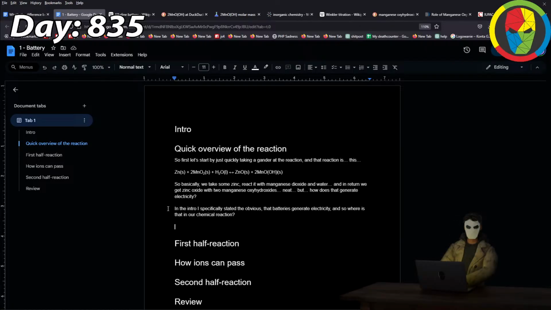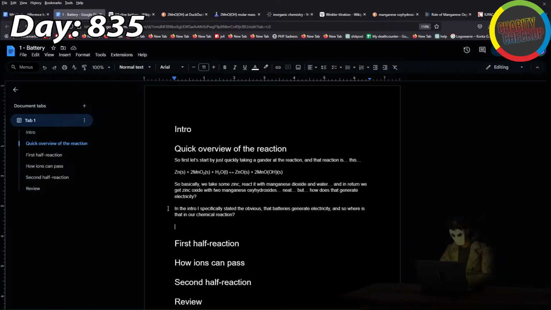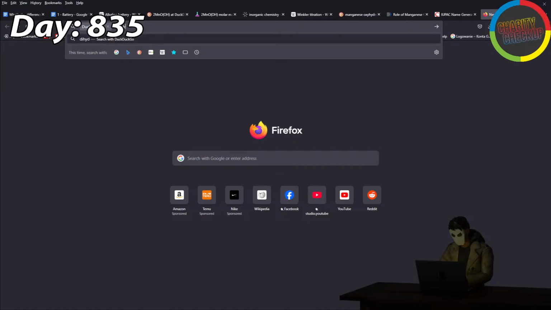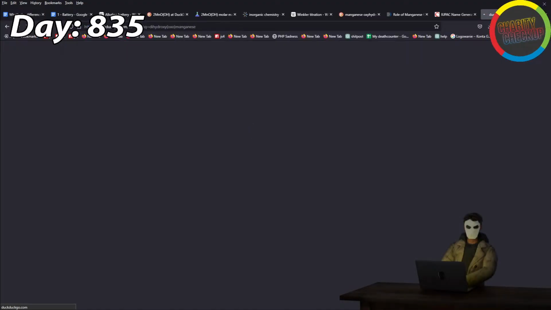Found on PubChem, it's called dihydroxyoxomanganese apparently. Okay, di just means two, so it is hydroxyoxomanganese. Wait, dihydroxyoxomanganese? What? Never mind. Hydroxyoxomanganese.